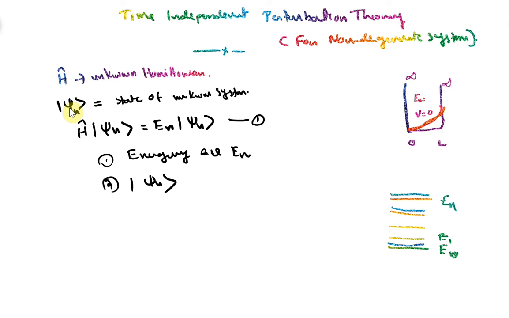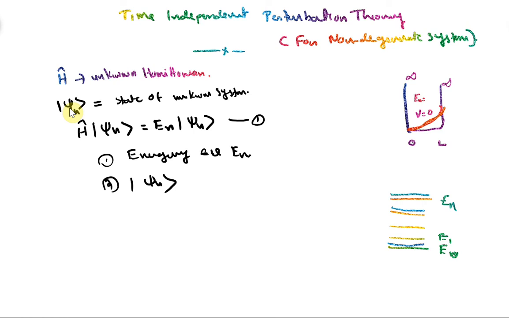So this is actually the Hamiltonian of the perturbed system. What I am going to do is, I know the solution of this square well problem, so I will take that as my H naught.